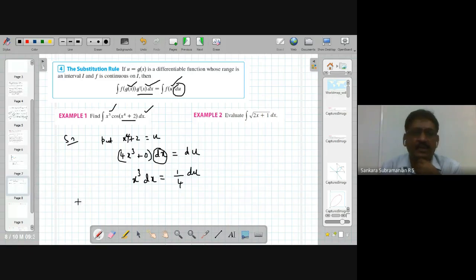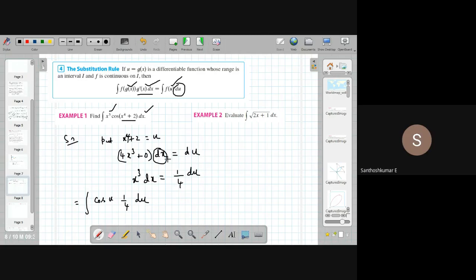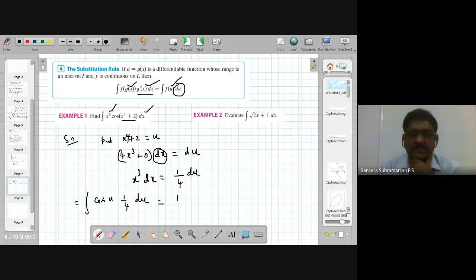Therefore, the given integral becomes integral of cos of u into x cube dx, and x cube dx is 1 by 4 du. If you take 1 by 4 out, you get cos of u into du. If you integrate cos of u, what do you get?